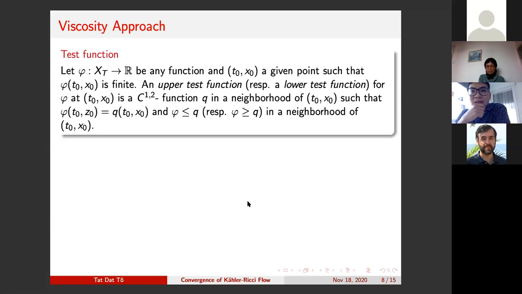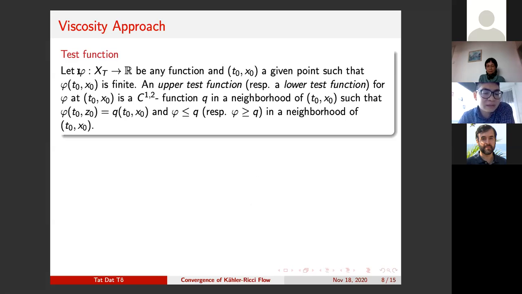So to define subsolution and supersolution, we need to add some regularity, some smooth function, inside the definition. This turns into the definition of test function.